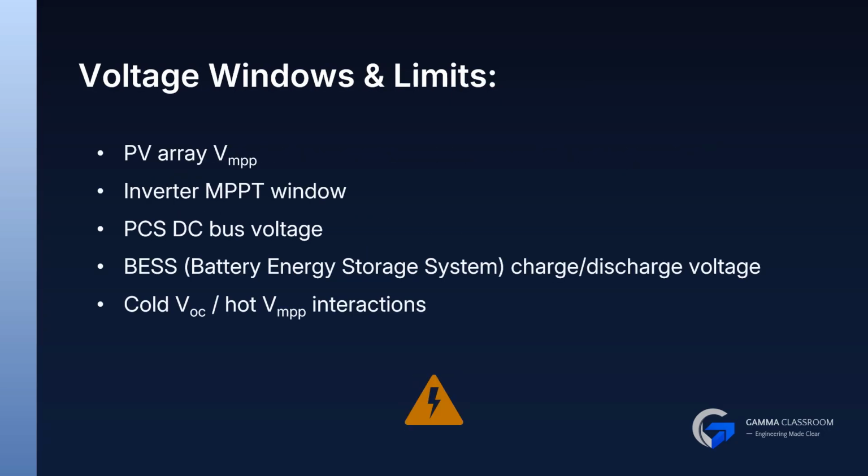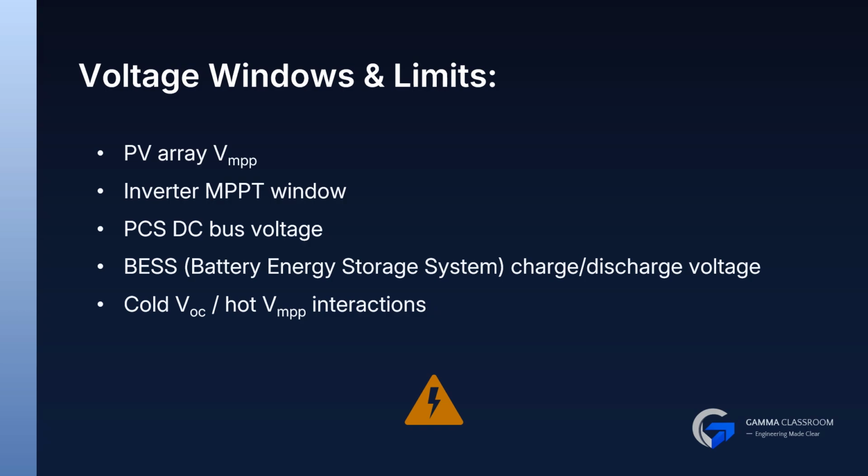Every inverter operates within strict voltage windows. This includes the MPPT voltage range, maximum DC input voltage, AC output voltage tolerance, and DC bus limits for DC coupled systems. Cold with open circuit voltage, hot with maximum power point voltage, and battery charge voltage all interact.